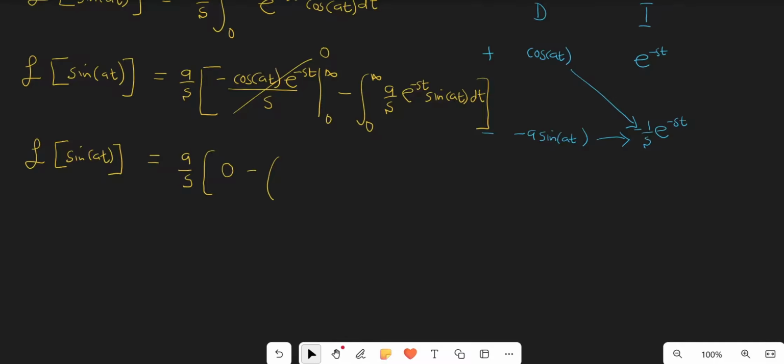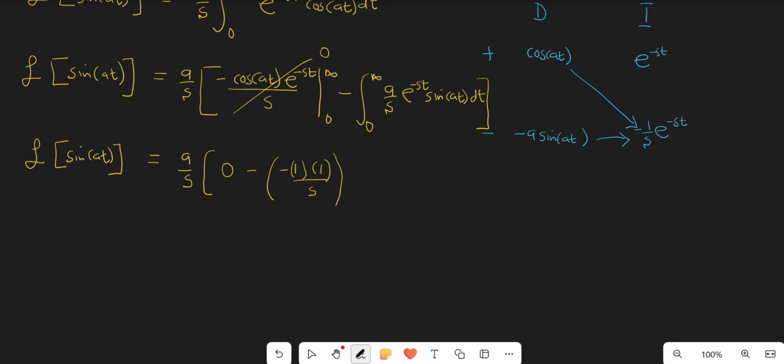The lower limit is going to be cosine of 0. The cosine of 0 is equal to 1, right? So we are going to have negative 1 here, and then e raised to the power 0 is equal to 1. So this one is multiplied by 1 all over s, like this.